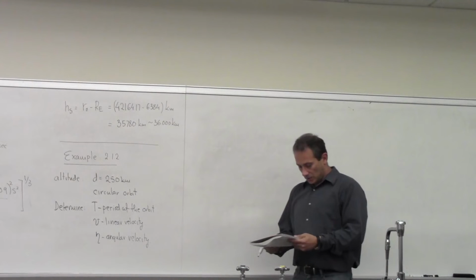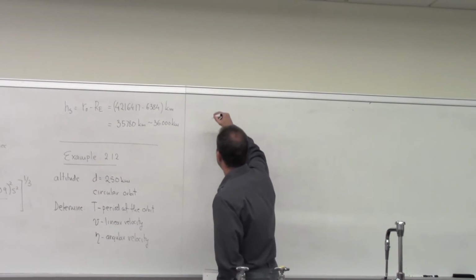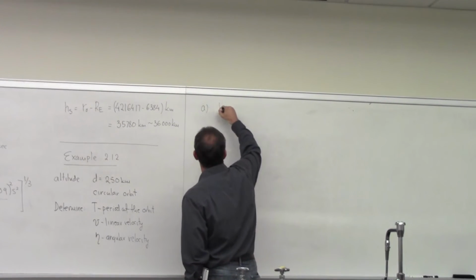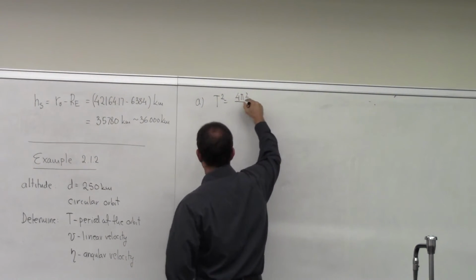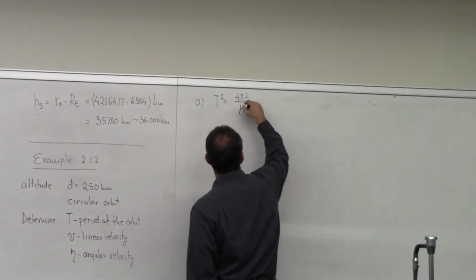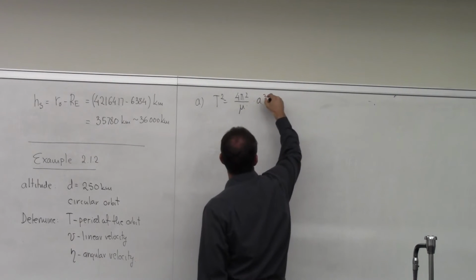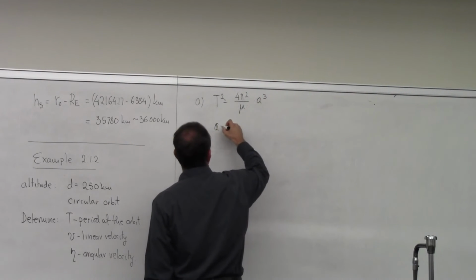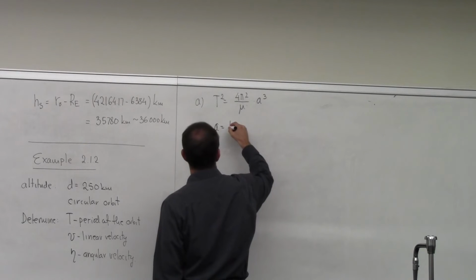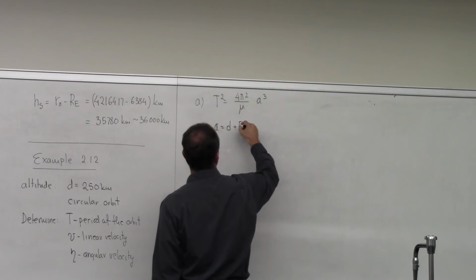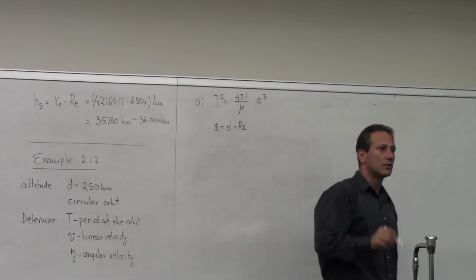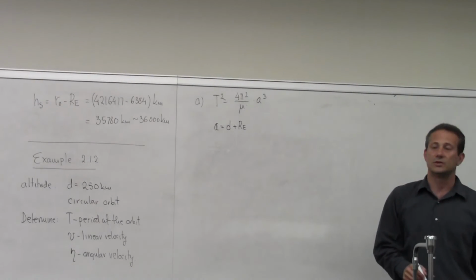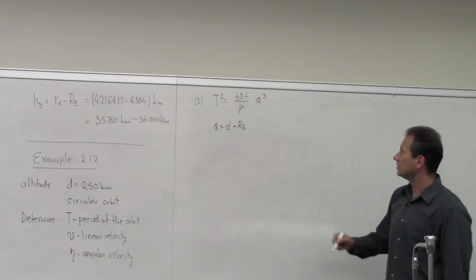Right? So let's calculate first the period. We know that T squared is equal to 4 pi squared over mu times a cubed. But a is going to be equal to your altitude plus the radius of the Earth, right? Because a is the distance from the center of the coordinate system, which is placed in the center of the Earth.